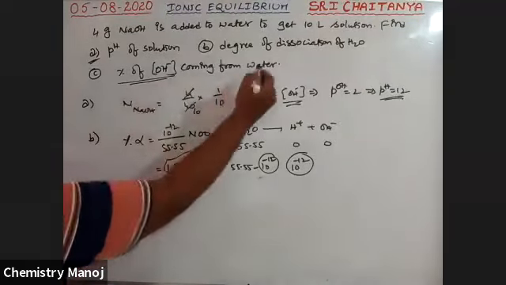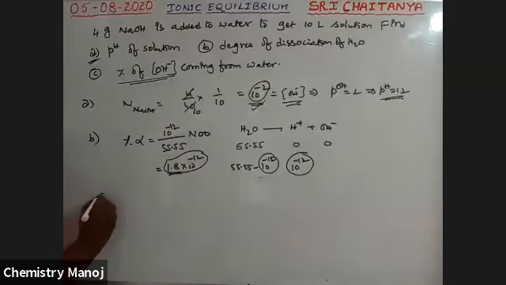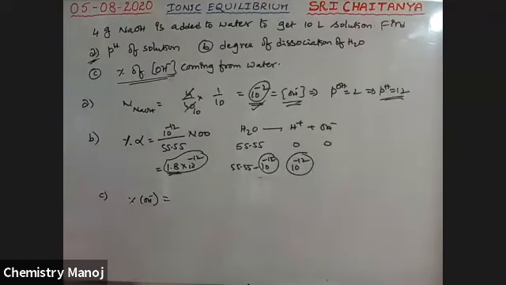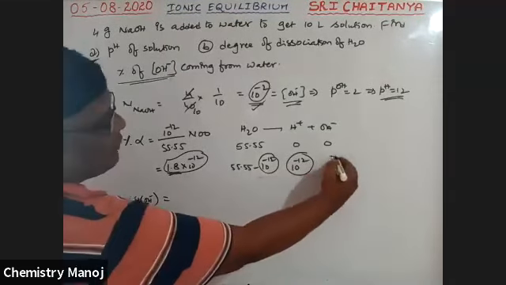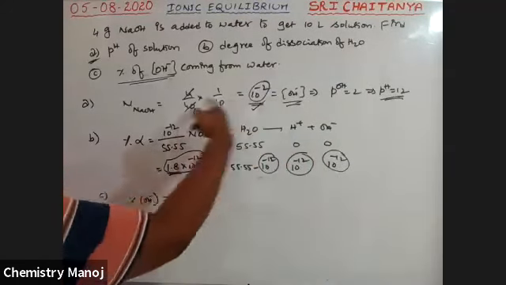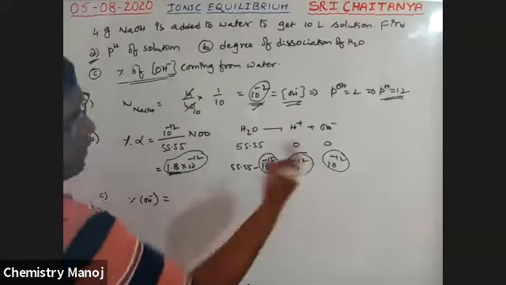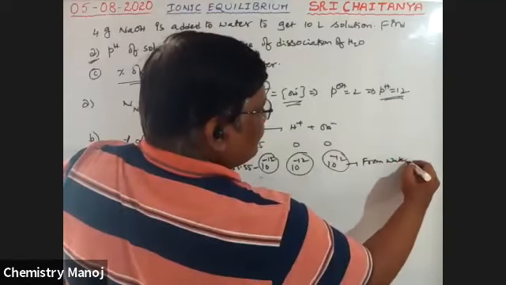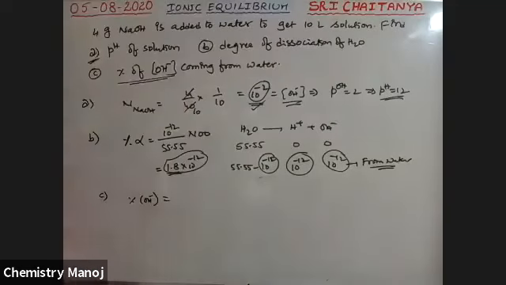Percentage of OH minus coming from water. So the percentage of OH minus ion: the OH minus concentration of 10 power minus 12 is from water, not from the NaOH solution.